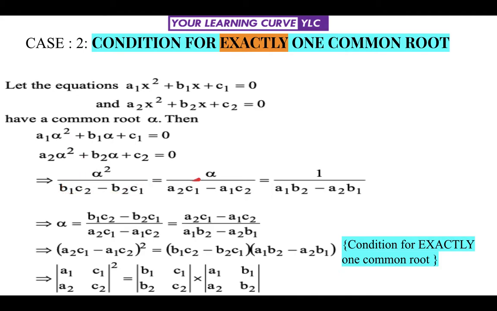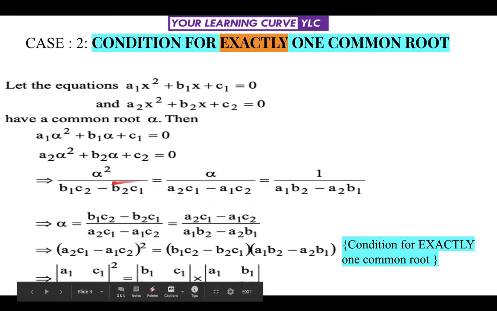minus b2 c1 is equal to alpha upon a2 c1 minus a1 c2 is equal to 1 upon a1 b2 minus a2 b1. This is the method of cross multiplication. From here we find the value of alpha using these two relations. Alpha is equal to a2 c1 minus a1 c2 upon a1 b2 minus a2 b1.